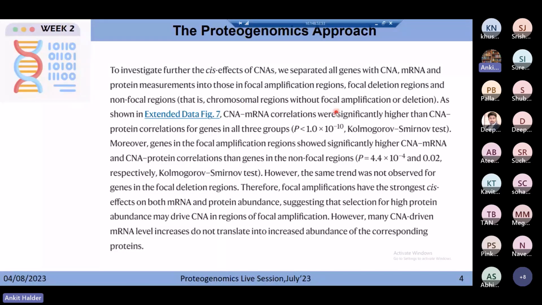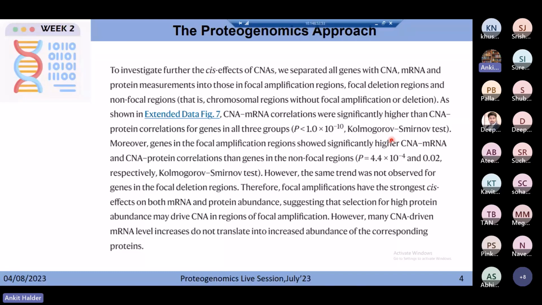The test generally used for this kind of correlation finding is the Kolmogorov-Smirnov test, a statistical test to find out whether the correlation is significant, the same, higher, or lower. Here you can see that the CNA protein correlations for genes in the non-focal regions are not correlating, but of course it is much more significantly correlated in the mRNA abundance.